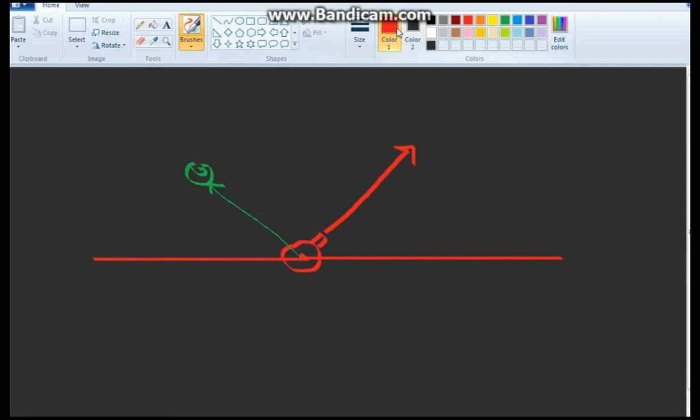For argument's sake, let's say our facing direction is 45 degrees, all these numbers are in degrees, and let's say our target's direction is 135 degrees.